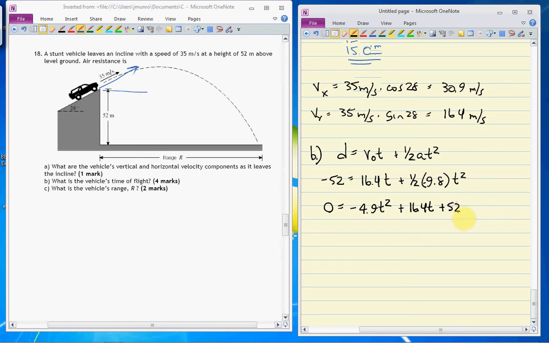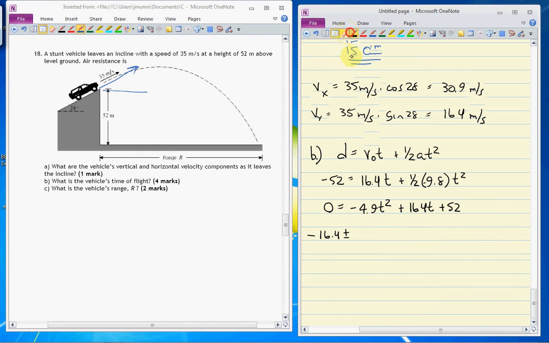This is set up nicely for the quadratic formula, so negative 16.4 plus or minus the square root of 16.4 squared minus 4 times a, which is the negative 4.9, times c, which is the 52, all over 2 times negative 4.9.